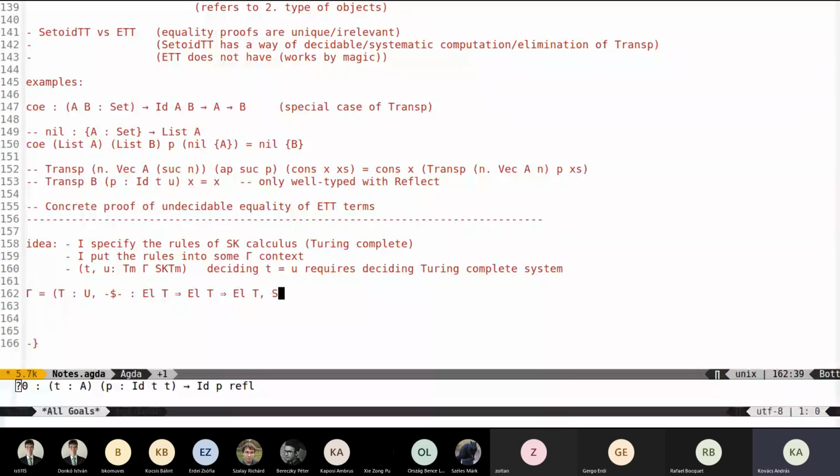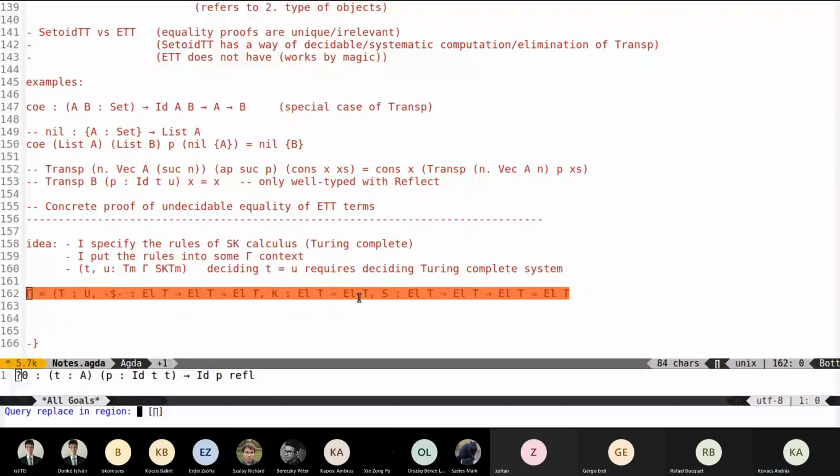And then I have an S rule and a K rule. There's a K rule which goes from T, then there's an S rule which goes from ElT. And let's just delete the ELs because they are kind of annoying.